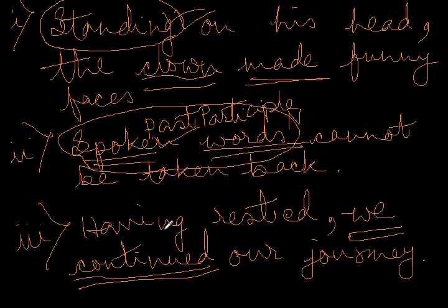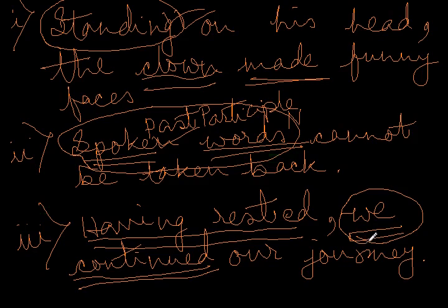And these words, rather, having rested, actually describe the subject we, and they also denote an action that has been completed at some certain point of time. So having rested is an example of a perfect participle.